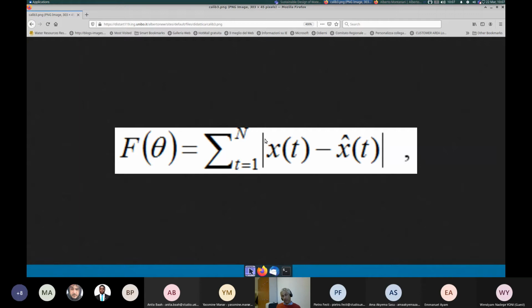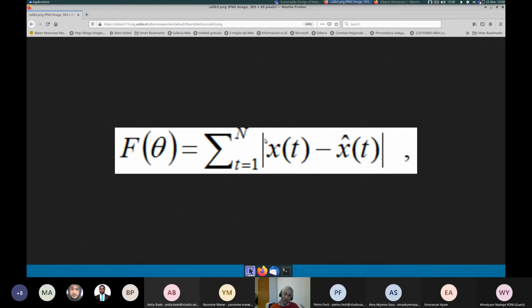If you square an error and you take the sum of squares instead of the sum of absolute values, what you do is put emphasis on the larger errors. Because, you know, if the error is small, it's 1, for instance, the square of 1 is 1.